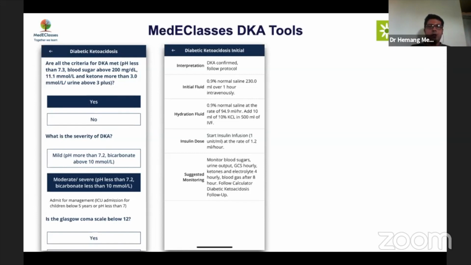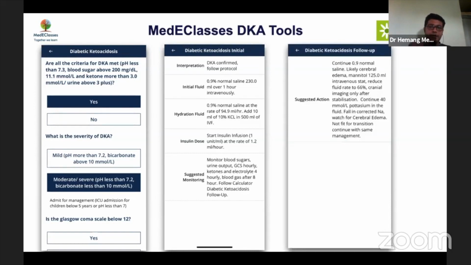Now we follow the protocol: which fluid is to be given, how much fluid bolus, then in the subsequent phase what the rate of the fluid is, how much potassium needs to be added, what the initial insulin dose should be, and what the subsequent monitoring protocol is. Next, for subsequent monitoring, there is the DKA follow-up tool in which you enter the weight and hours since treatment. Then it asks questions, and as per your inputs, it suggests actions: what fluid to continue, whether the child has cerebral edema and how to manage that immediately, what the potassium in subsequent fluids should be, whether the child is at risk of cerebral edema, and whether the child is fit for transition to subcutaneous insulin.